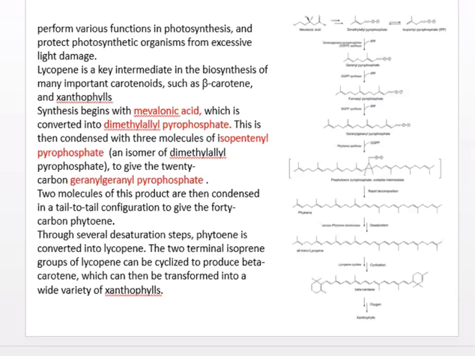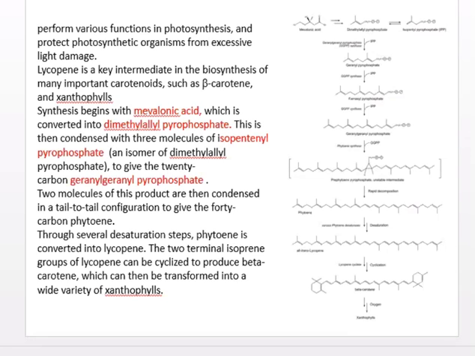Two molecules of this product condense in a tail-to-tail configuration to give 40 carbon phytoene. Through several desaturation steps, the phytoene is converted into lycopene.